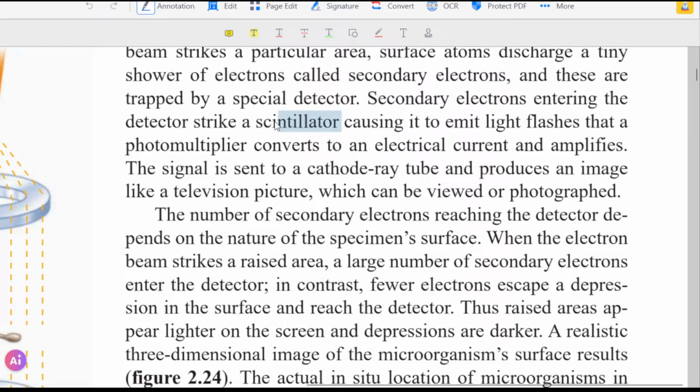The scintillator creates a flash of light when the electron strikes it, and that light is not that high in amount, so the photomultiplier amplifies the light that is produced and changes it into the electrical current, and the electrical current which is produced is further amplified.